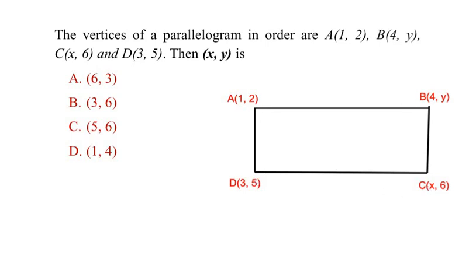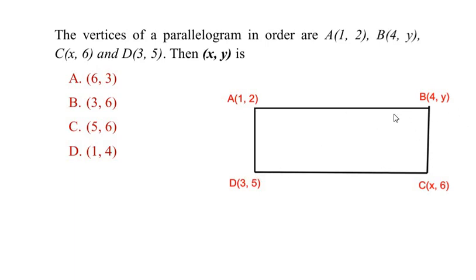Now we know that the diagonals of a parallelogram bisect each other. So we can connect the 2 points A and C, which is one diagonal of this rectangle, and we can connect the other 2 points, that is B and D, which will give you the second diagonal.